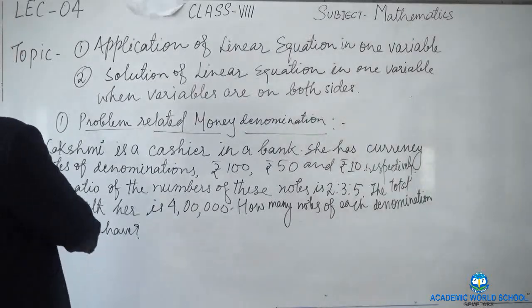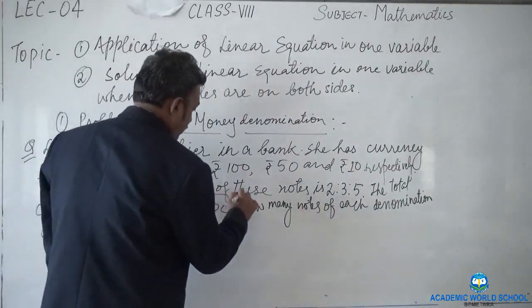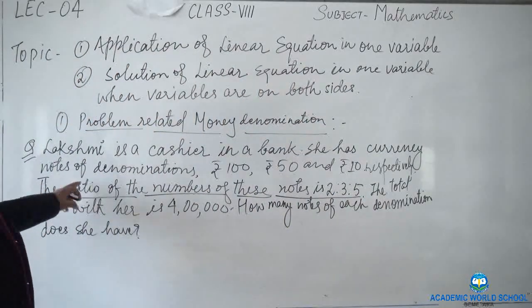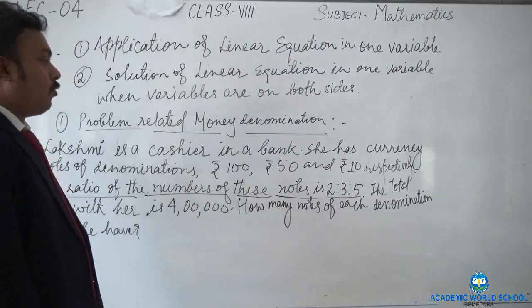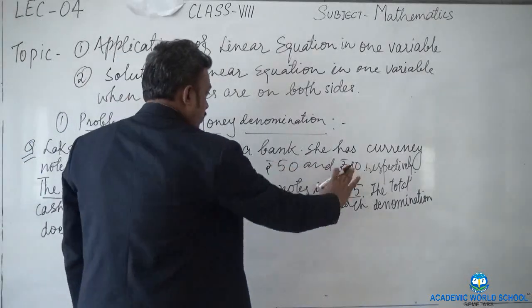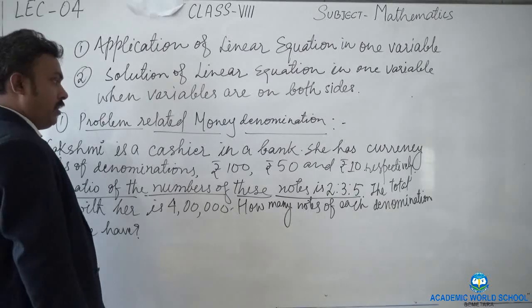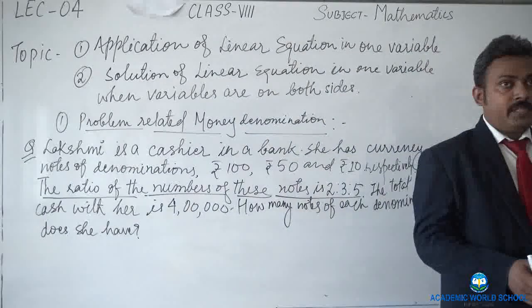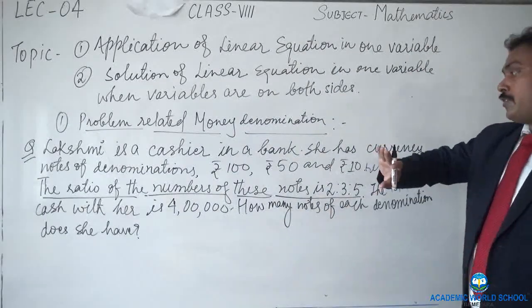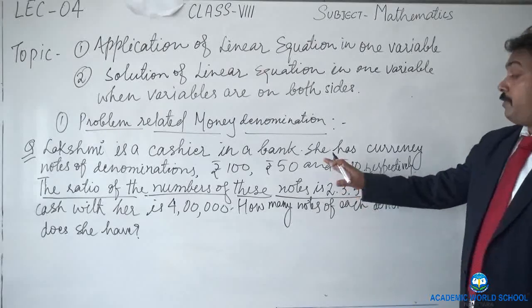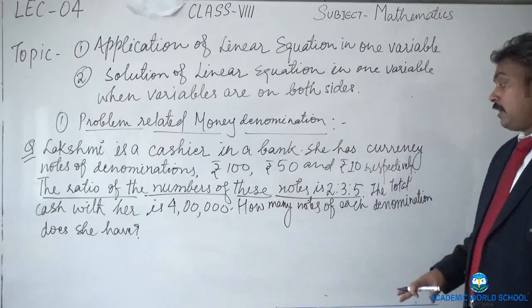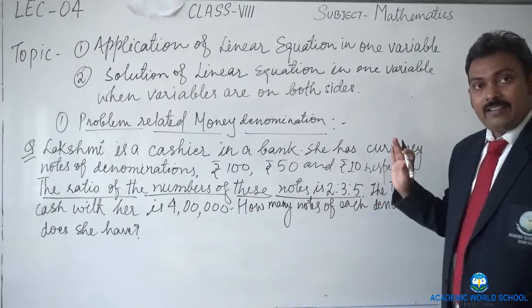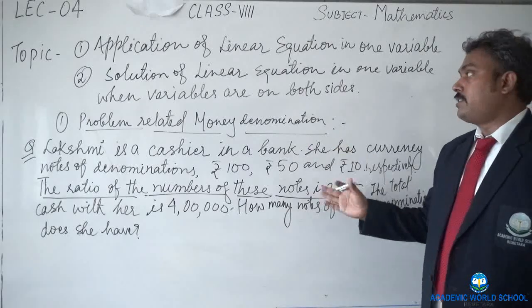With the help of this statement, the ratio of the numbers of these notes, their ratio is given. Now, we know the meaning of ratio, right? Ratio means, suppose if there are 2 notes of 100 rupees, then there should be 3 notes of 50 rupees, and then there should be 5 notes of rupees 10. So this is what the ratio tells us.